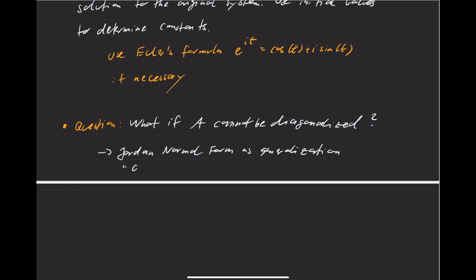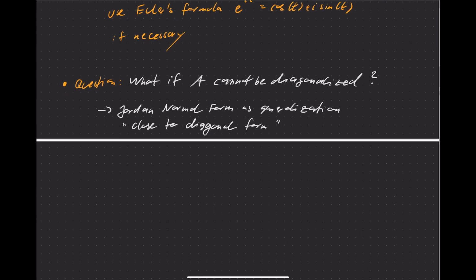And I'll just say this is something close to diagonal form, but not quite diagonal. So it decouples the system somewhat, but not completely. And of course, that makes things a lot more complicated. That theory is beyond the scope of this lecture, so we're not going to go deeper into that. But just in case you encounter a system of differential equations at some point where this decoupling approach doesn't work, there is a way out. Just search for Jordan normal form.